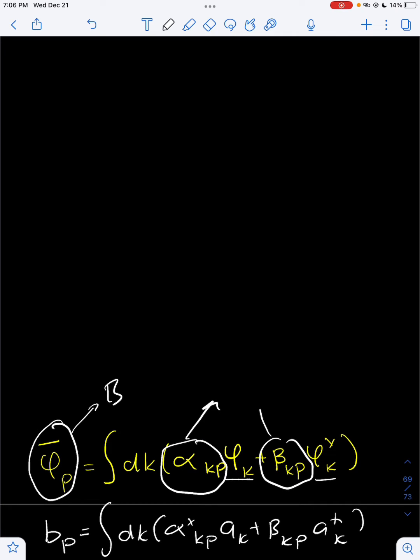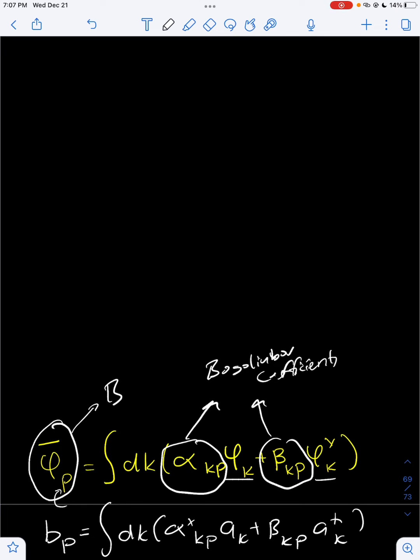And we call these coefficients the Bogoliubov coefficients. Now this is actually a linear combination, but the sum in this case is going to be an integral since k is continuous.